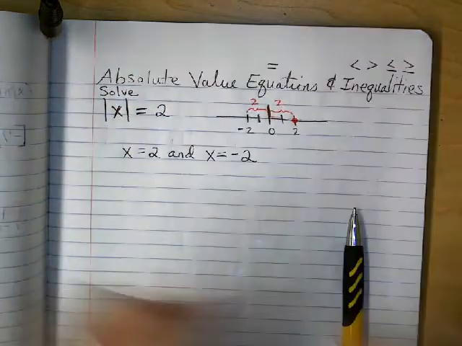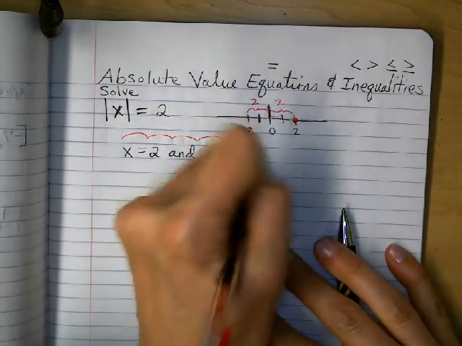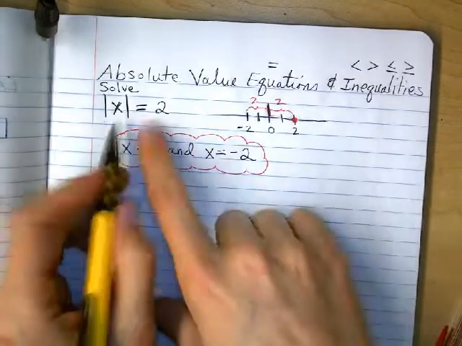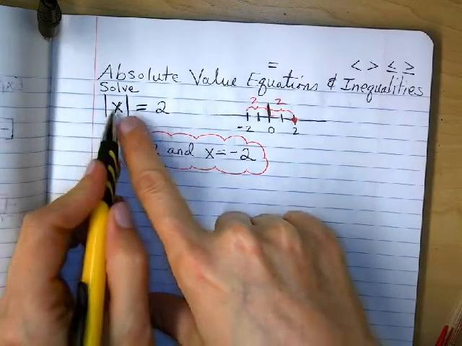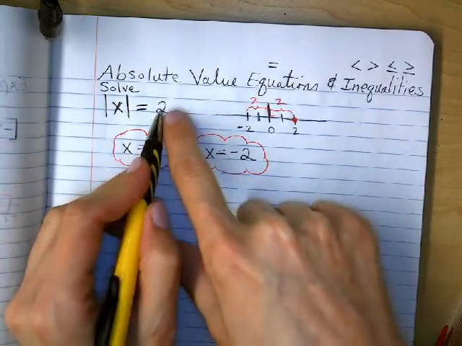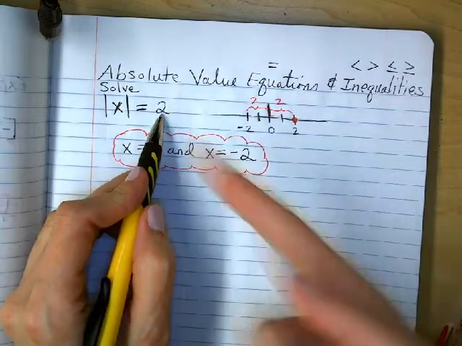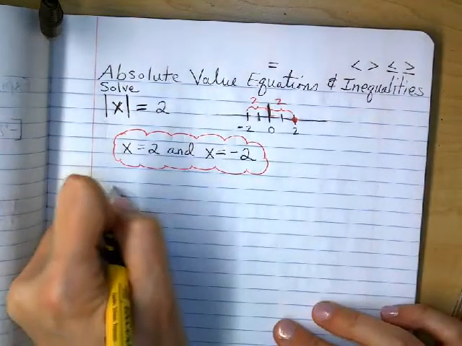So there are 2 answers for that, 2 and negative 2. So when you're going to solve an absolute value problem, you want to equal it to this number that says 2, and then you want to also equal it to the opposite of that, to negative 2.